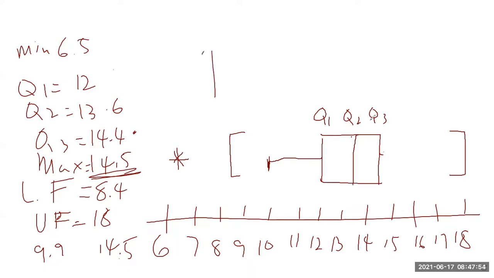So this is what is meant by a box plot. We have a box plot. We can look at the shape of the box plot and determine whether it is skewed left or skewed right or symmetric. So for example, in this case, just look at the whiskers. You can see we have a longer whisker on the left, while on the right side we have a shorter whisker.